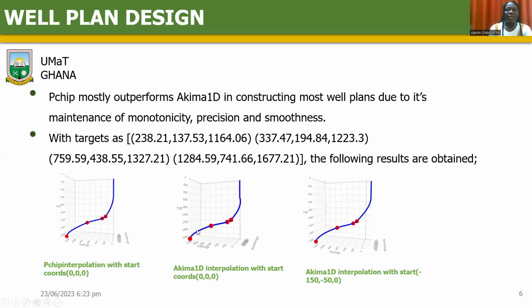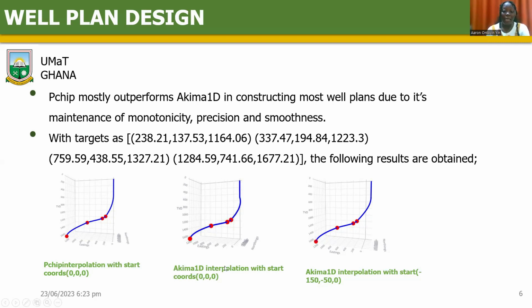So we illustrated that by selecting some few 4 targets, and with the first graph, we can see that the curve was smooth till it reaches the last target using the P-chip interpolation. And with the second graph, we can see the Akima 1D.